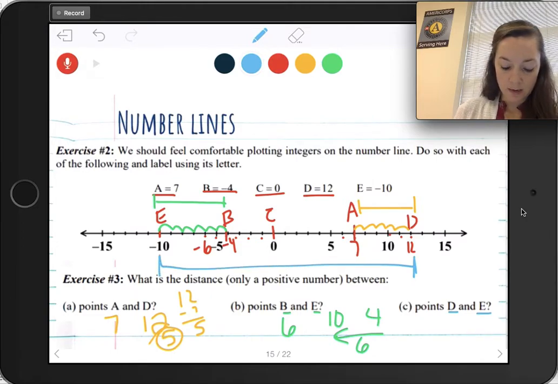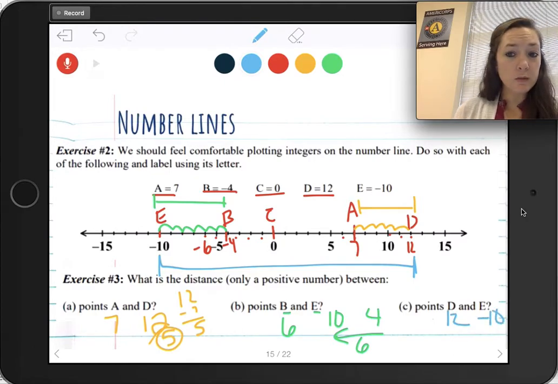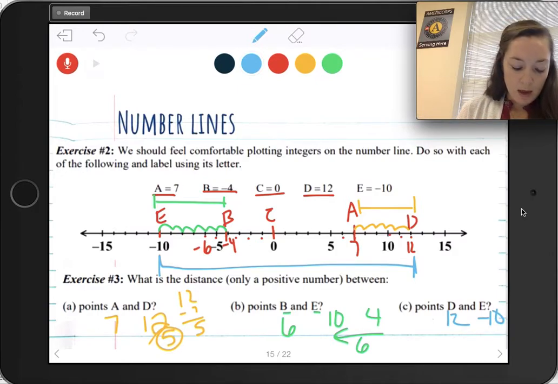Okay, so let's look at it. So I got negative 10 and I got 12. I'm sorry, this is 12 for D, negative 10 for E. All right, so for this one, we have to be careful because we're crossing over that 0. How far is it from negative 10 to 0? Well, it's 10 units, right?